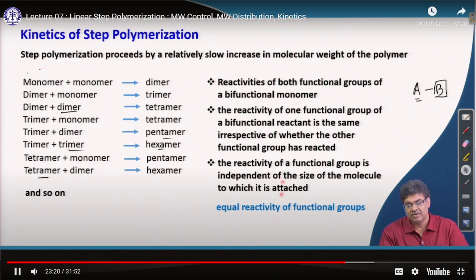Because initially small molecules and small mers are reacting, but at higher conversion bigger molecules are reacting, making even bigger molecules. So the lower weight fraction, the oligomers, will be smaller compared to the higher molecules.